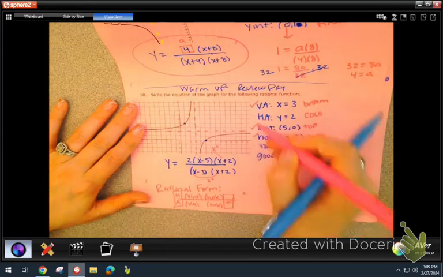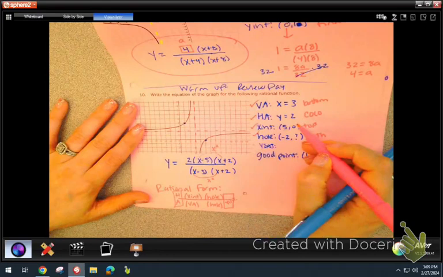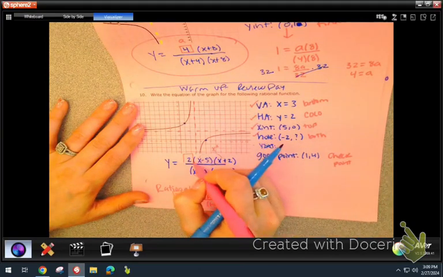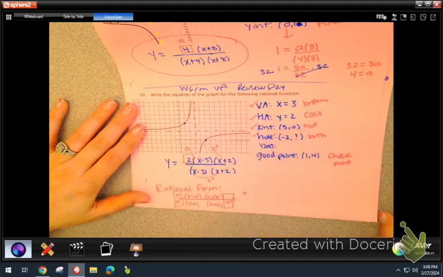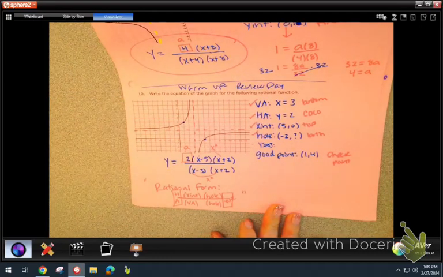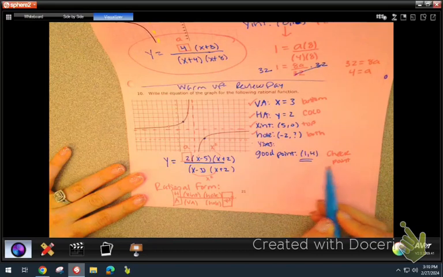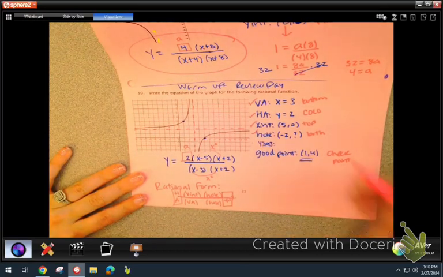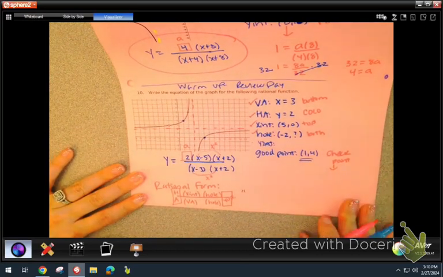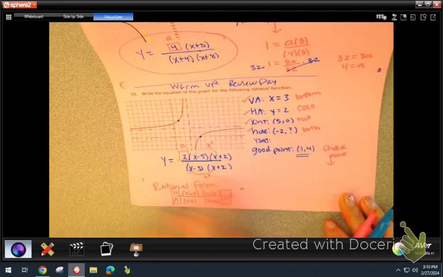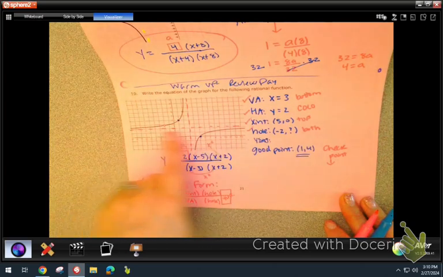Okay, now this should take care of all that. But I want you to be in the habit, and I'm going to call this A right here, of using your good point, whether it be a y-intercept or a random point, to confirm and make sure that the math makes sense, okay? Because remember, if you accidentally mislabel your HA, you'll catch it here.